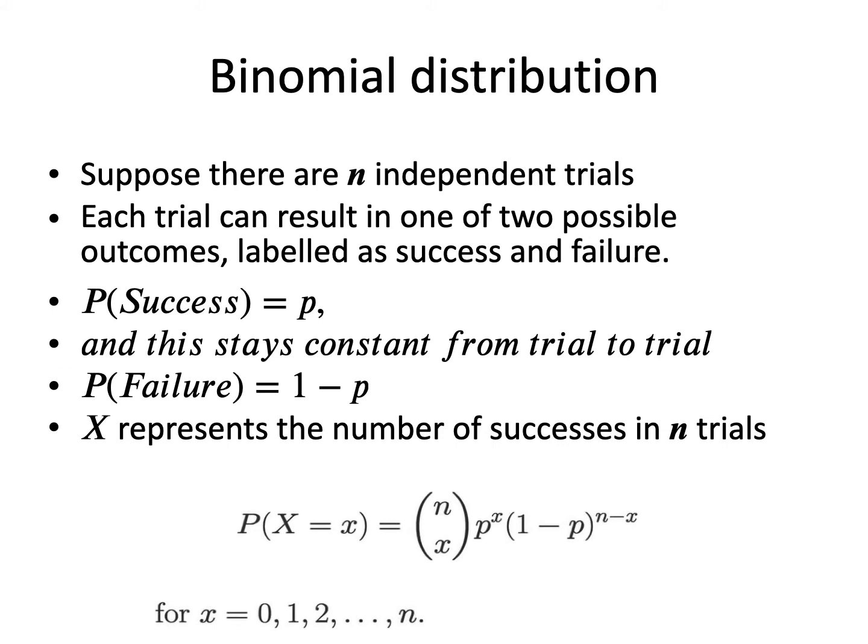This formula contains the combination formula, n choose x, or the binomial coefficient, which we can also say as the combination of n and x. This is the coefficient, and this is multiplied by p raised to the power x times 1 minus p raised to the power n minus x.